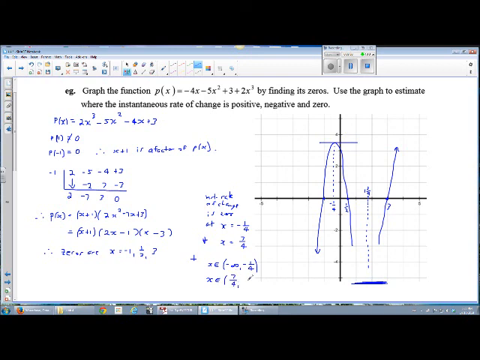So that's where the instantaneous rate of change is positive, and where it's negative is where x is between negative 1/4 and 7/4. That's where the graph is decreasing between those two turning points.